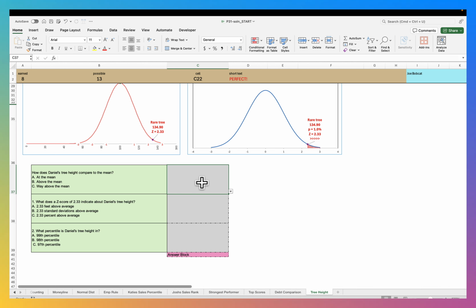It's way above the mean, so that's going to be C. And what does the z-score 2.33 indicate? That he's 2.33 standard deviations above the mean, and his percentile, all right, we got to pick one. He's in the 99th percentile because it's the top 1%.